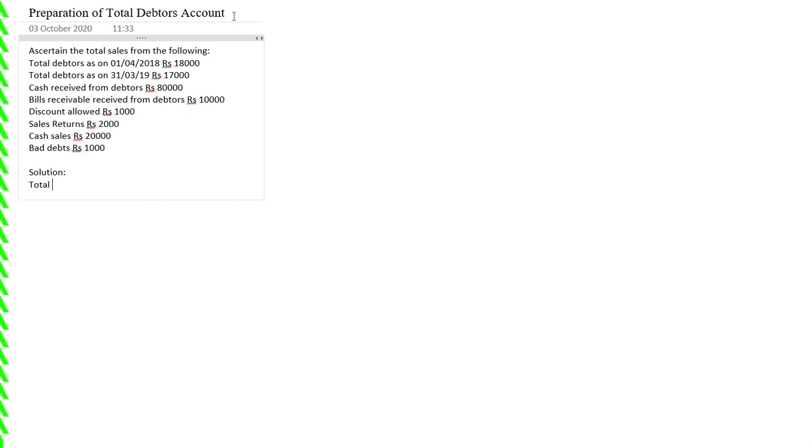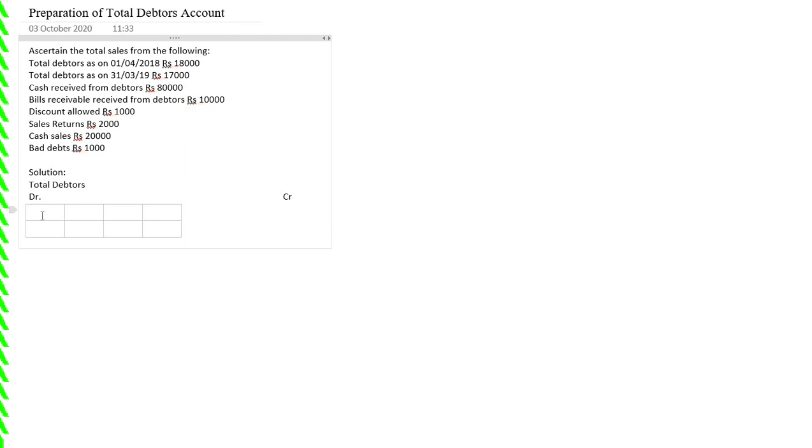So total debtors, debit, then let's take the credit here, credit. Now I will insert a table here. So we require 4 columns.